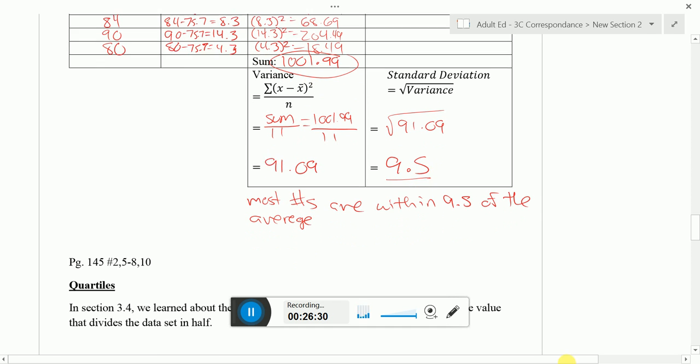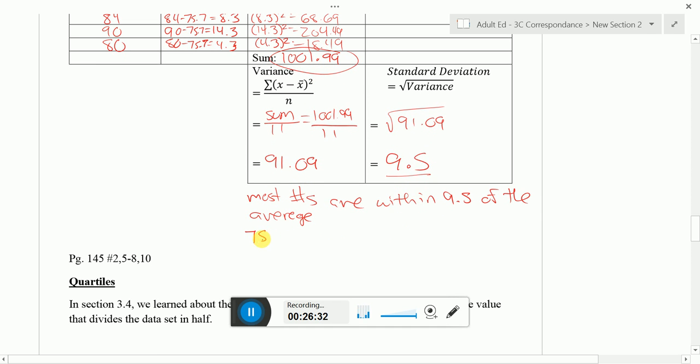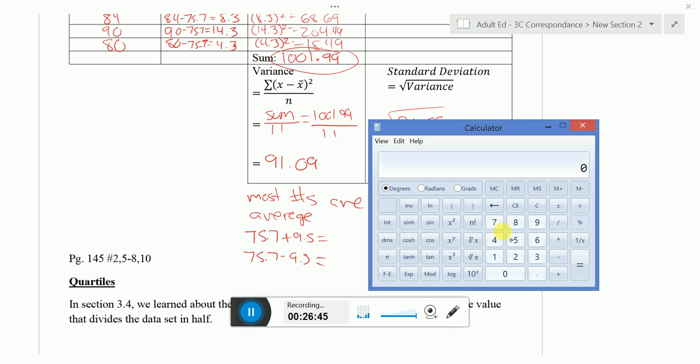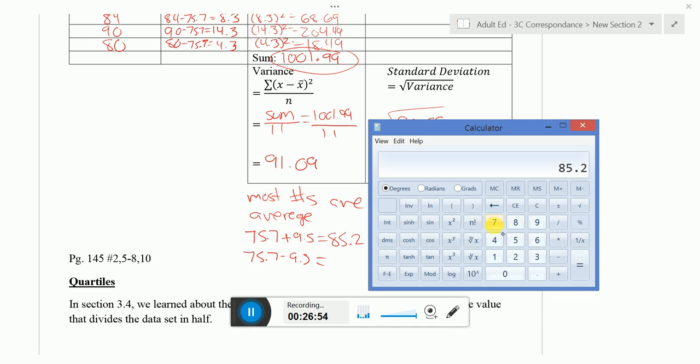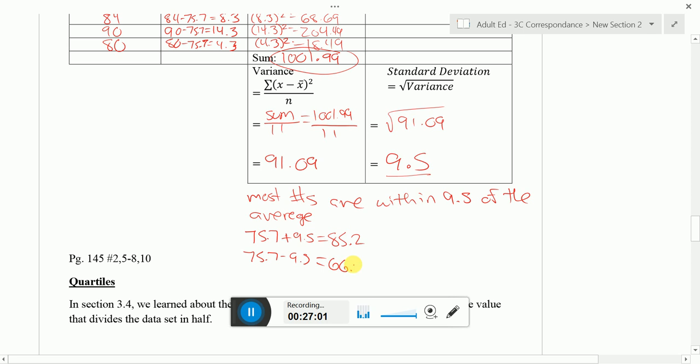So to see what range that is, you can take your average, 75.7, and add 9.5, and then take your average and subtract 9.5. 75.7 plus 9.5 gives us 85.2. 75.7 minus 9.5 gives us 66.2.